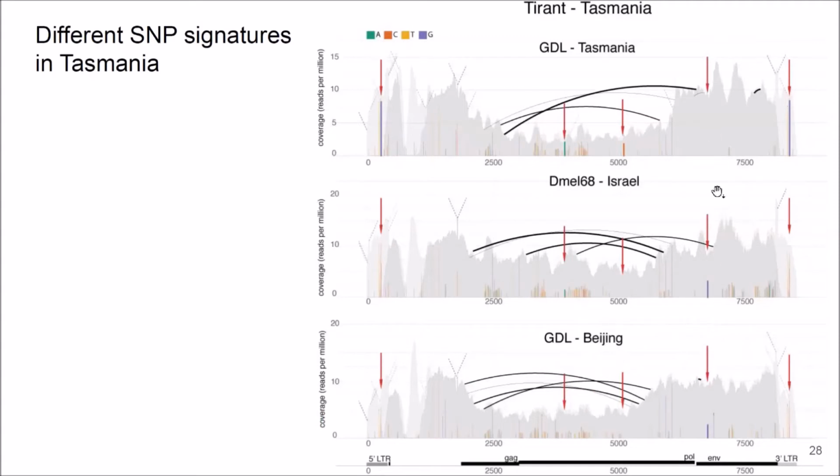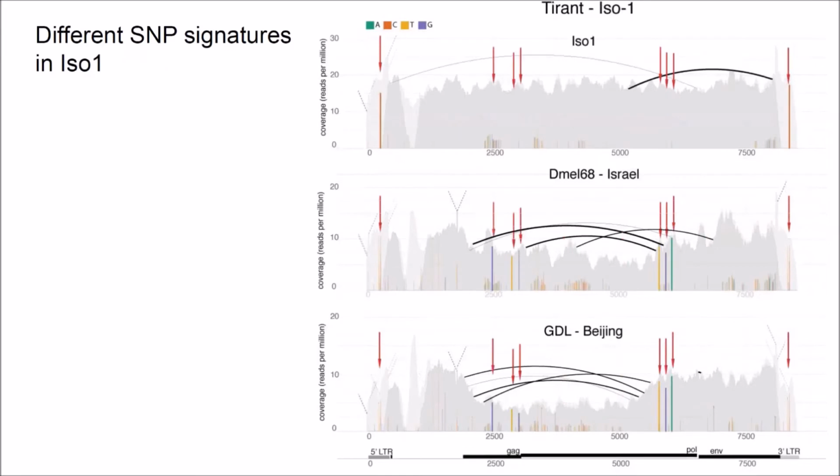So there are some differences that are specific to this region of Tasmania. Similarly, we also see some specific differences that are only present in ISO1, which is a non-wild type strain and the reference strain. This was something even more puzzling that we never really found an explanation for.